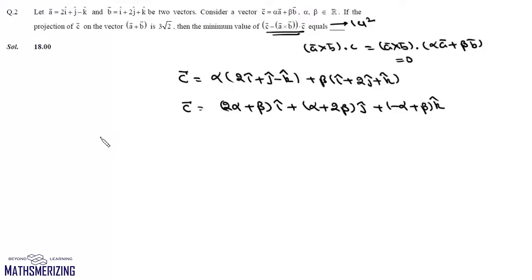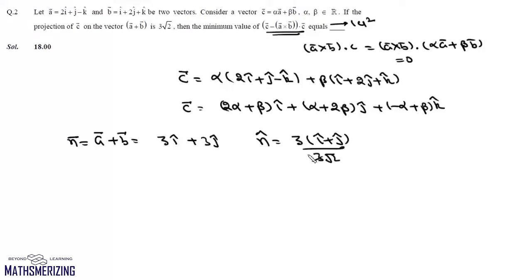Now first we'll find vector A plus B, and it'll be 3i plus 3j, and if we find the unit vector in this direction, the unit vector in the direction of A plus B will be given by 3i plus j upon 3 root 2. Now the projection of C on A plus B will be C dot n cap, and it will be equal to 3 root 2.